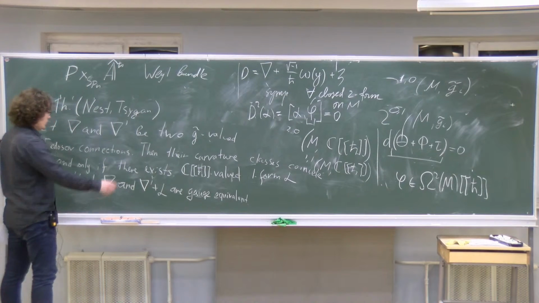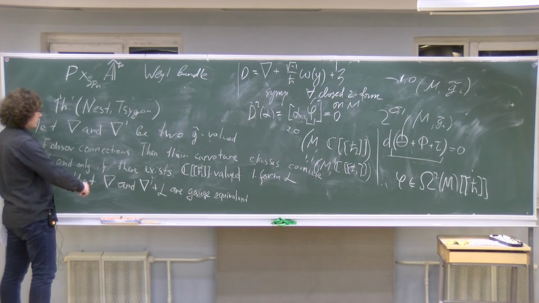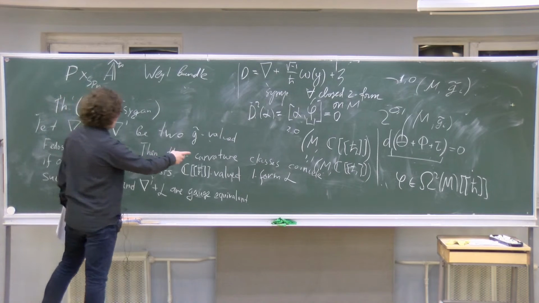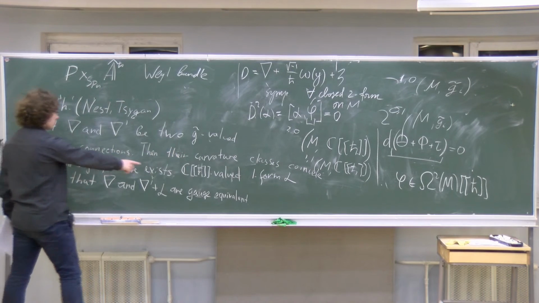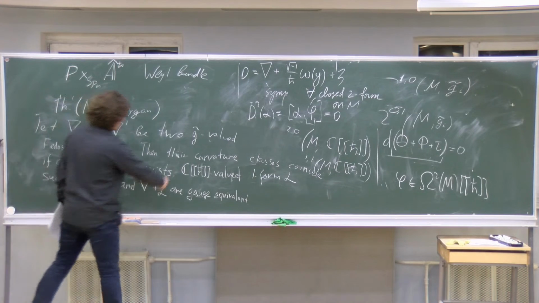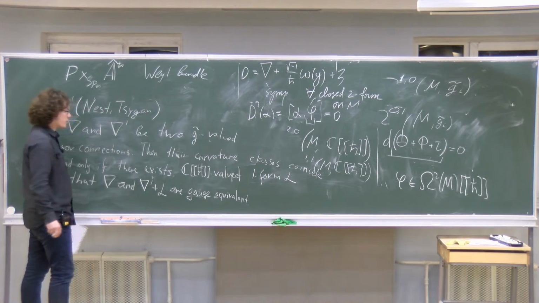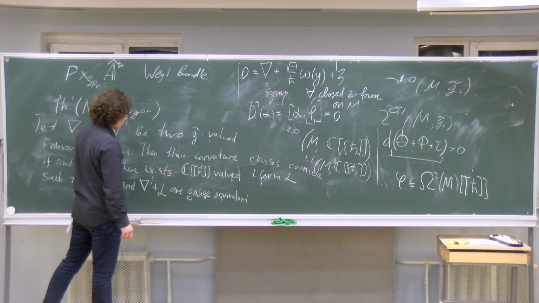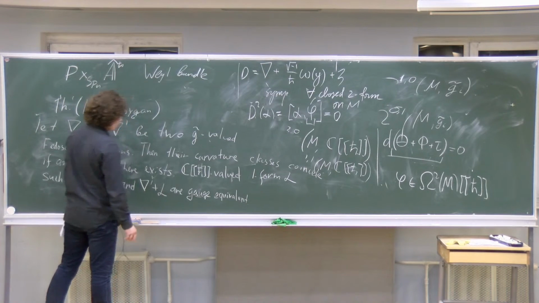also between connections plus some one form alpha with values in formal series in h bar. So this is a central field. This alpha is actually central.